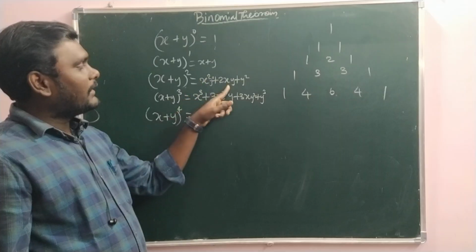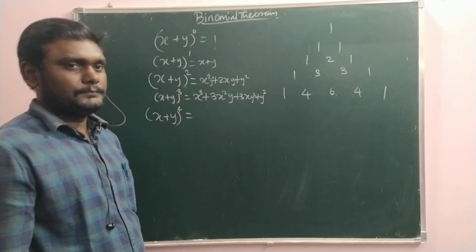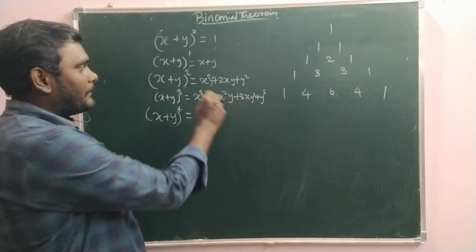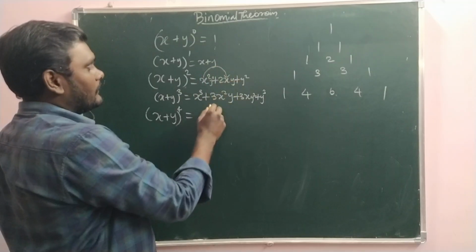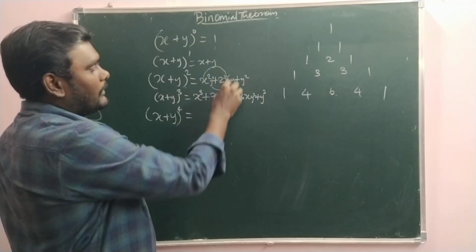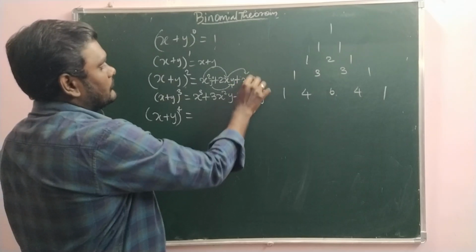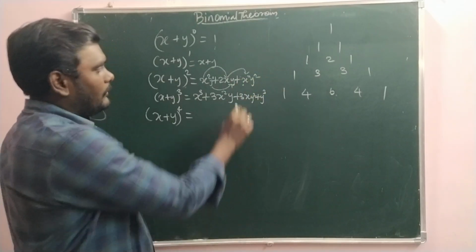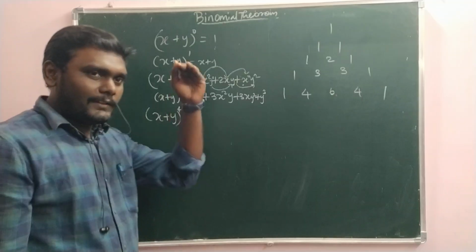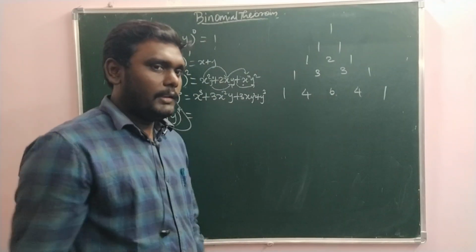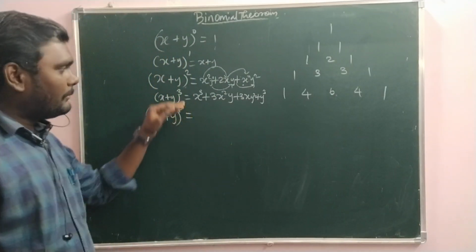Here as x power is decreasing, y power is increasing. X power is decreasing, x square to x, y power 0 to y power 1. Then from x power 1 to x power 0 it will go, and then y will be raised. Where x is decreasing, y power will be increasing. The same way look at here, the pattern you observe.